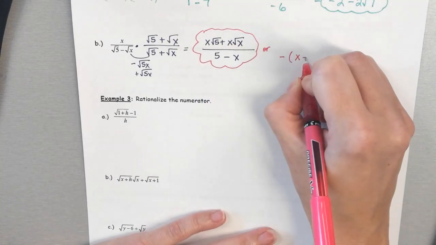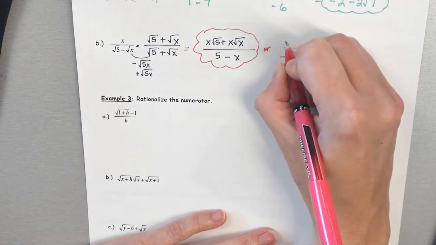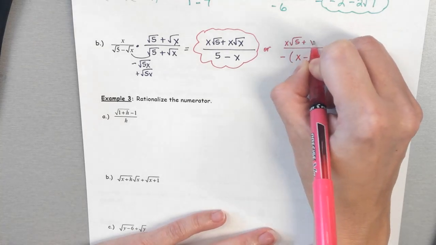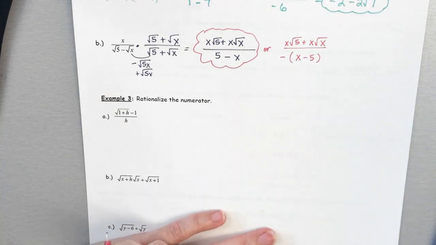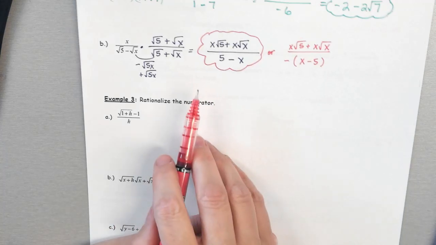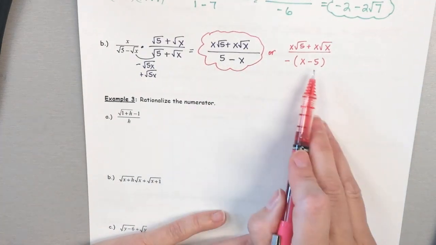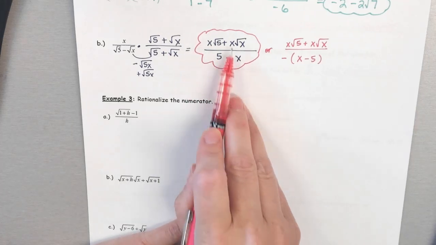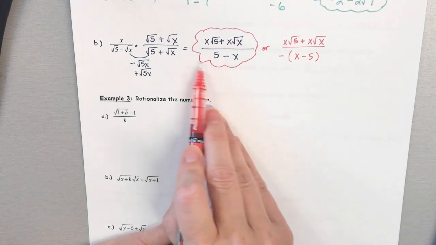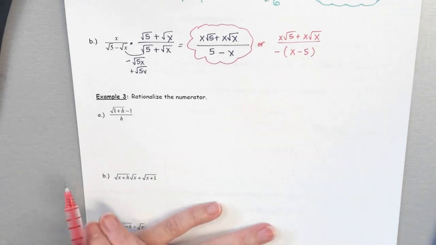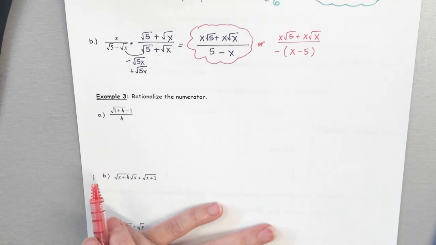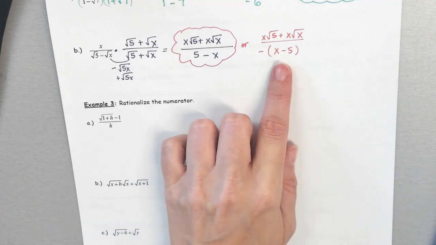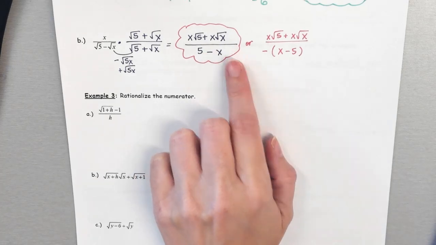So if you factored out the negative on the bottom, you'd have this. Okay, and then because you have the 5 minus x, you can't just cancel these out and you can't cancel these out. You can only divide if you have one term on the bottom. Okay, and then like I said, you could leave it as either one of those.